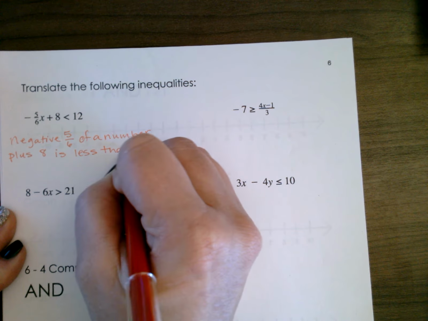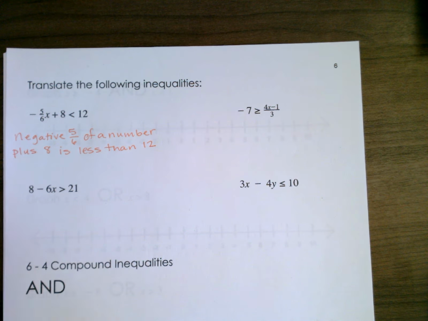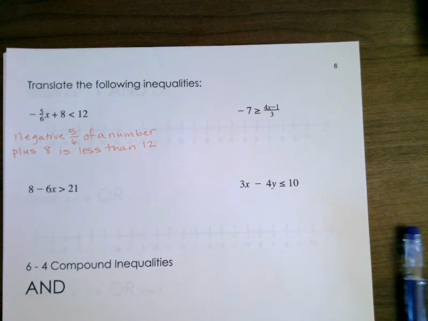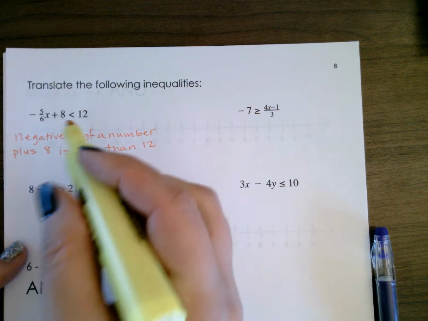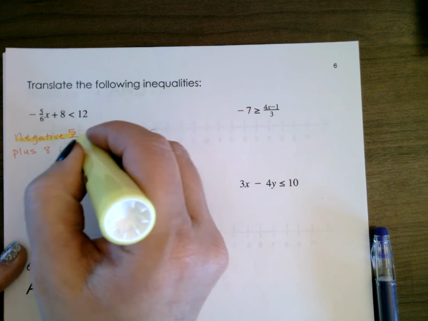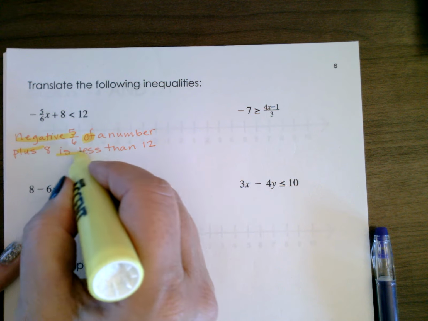Now you could pick any of those words off of the page here, and they would work marvelously. If I want to double check my work, I have that of means times, so I'm going to multiply. Plus 8 would get me there, including the verb is less than 12.